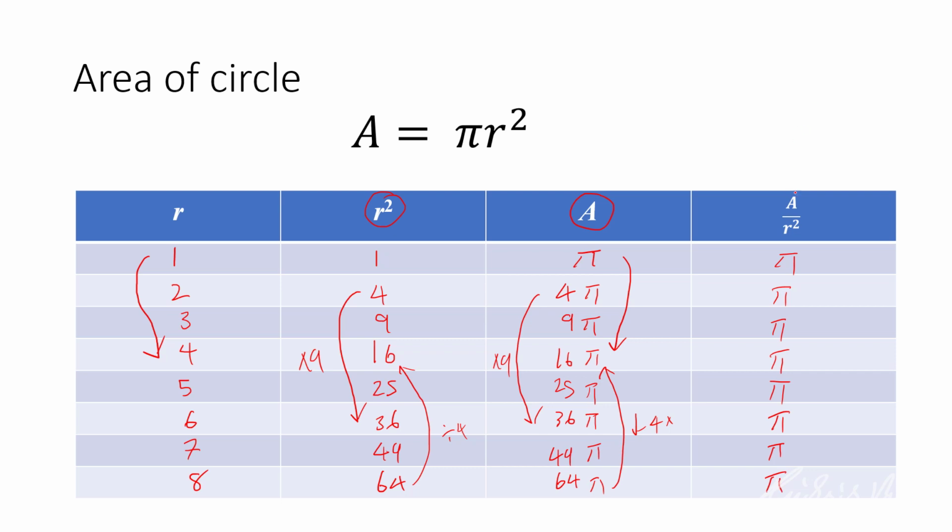So since area divided by r squared will give me a constant, in this case pi, we can say that the area and r squared are directly proportional. So it's not just that A and r are directly proportional. They are not in this case. In this case, area is directly proportional to r squared.